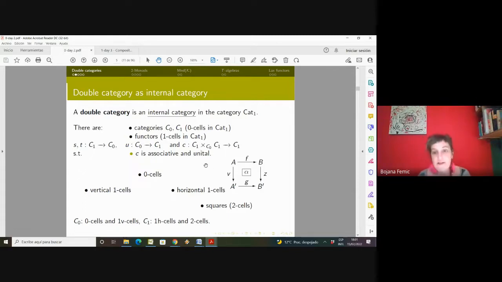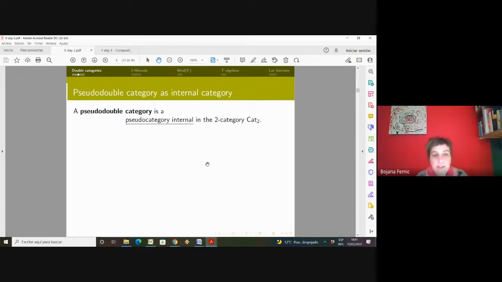So as you see, there are not too many structures, but there are more structures. You have to keep track of what is what, which piece of information gives me which other information, and so on. Okay. Now, what is a pseudo-double category?